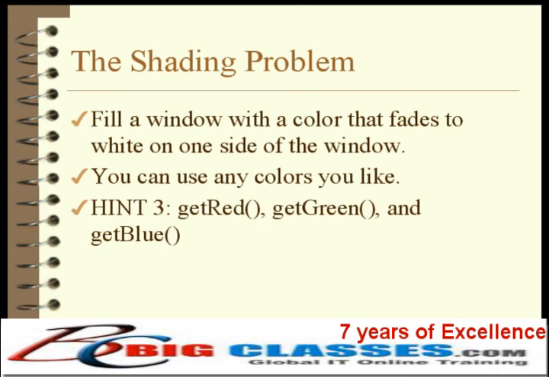You can extract the red, green, and blue values individually from a color object by using the three methods getRed, getGreen, and getBlue. If this is not entirely clear to you, take a look at the API documentation of the methods of the Color class, and you'll find descriptions for these methods as well as other methods that retrieve color values.